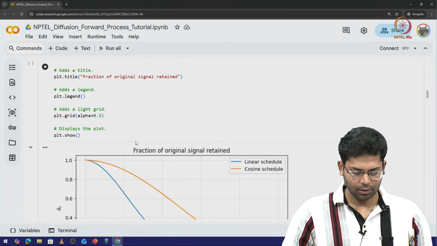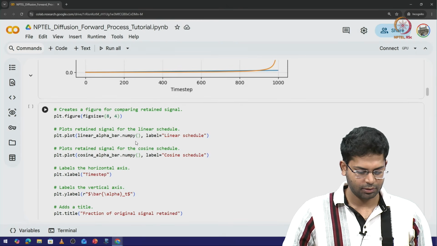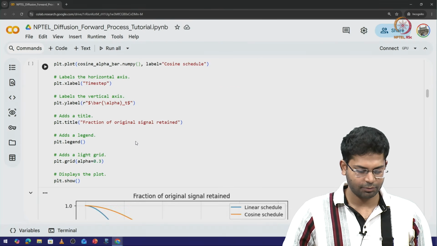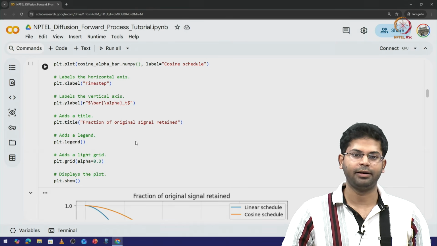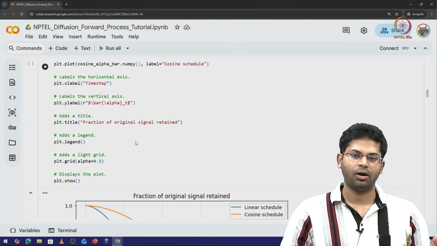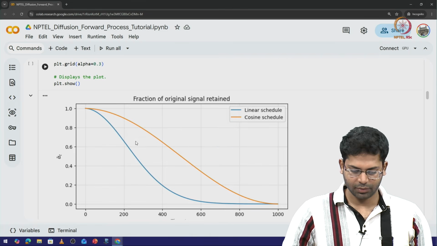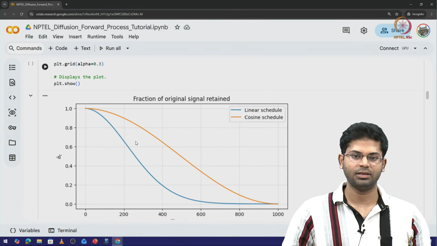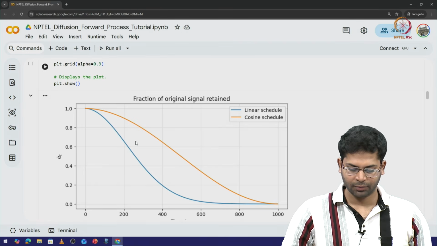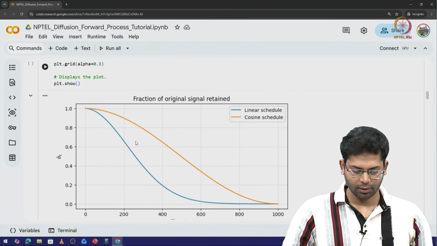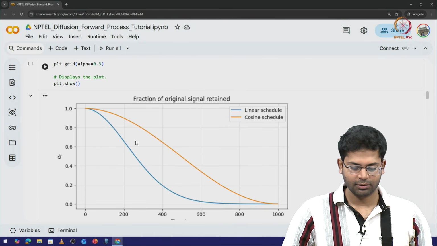Now you can essentially also plot the SNR, that is, what is the fraction of the original signal that is retained when you start from the starting time step and the original image or original signal and slowly go towards the Gaussian noise. You can see that because cosine takes smaller steps initially and then suddenly increases the steps, compared to linear, cosine has a more uniform decline of the fraction of the original signal.